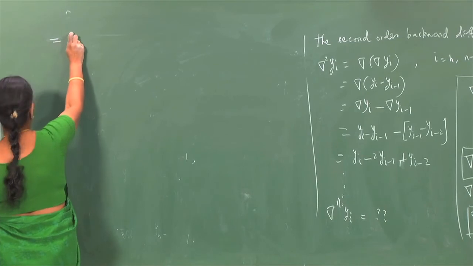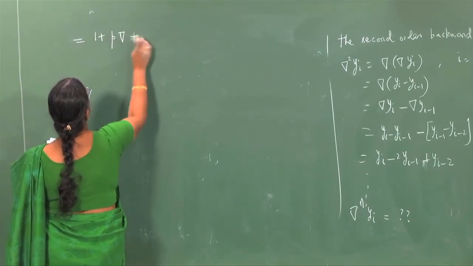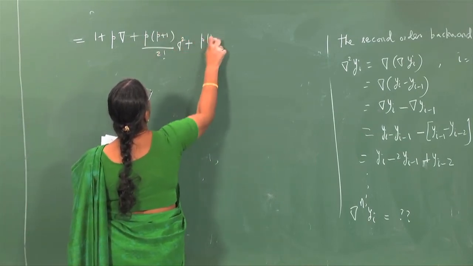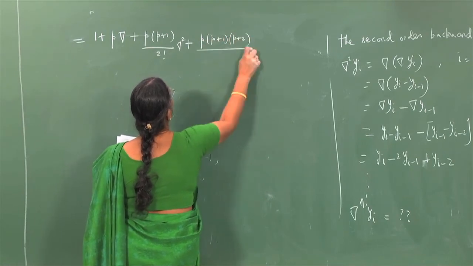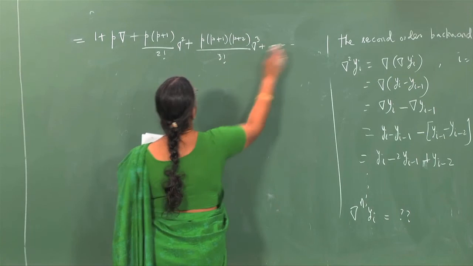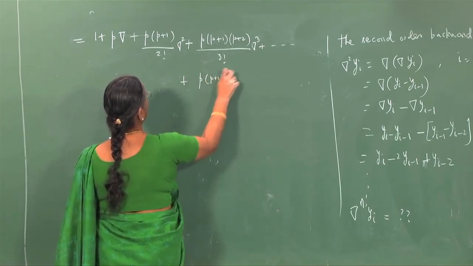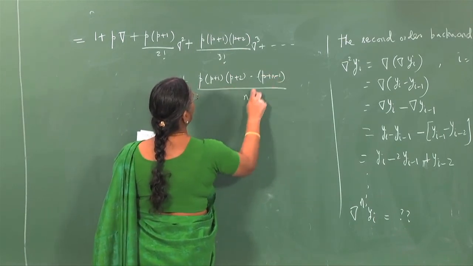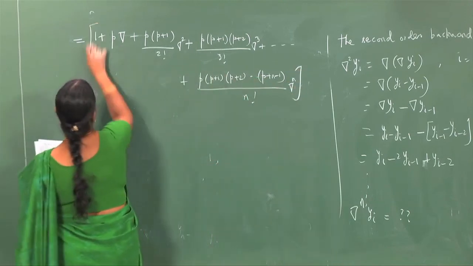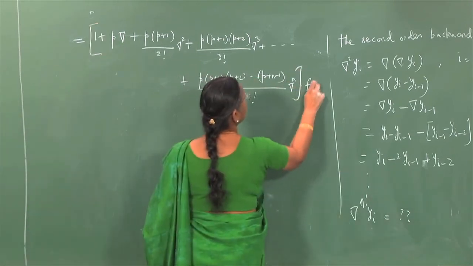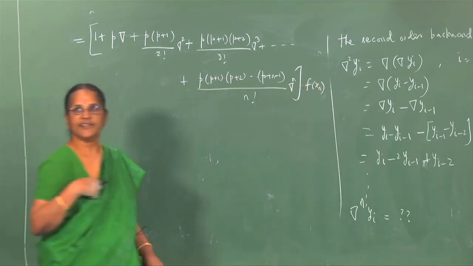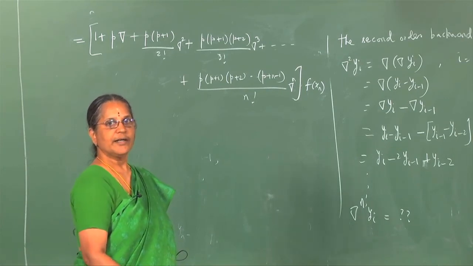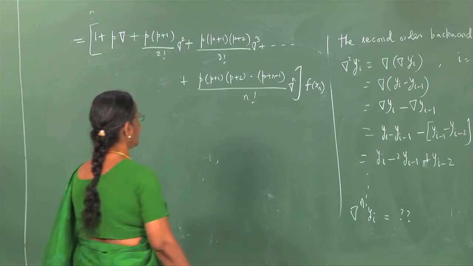So, that will be 1 plus p delta plus p into p plus 1 by factorial 2 into del square, p plus 1, p plus 2 by factorial 3 into del cubed plus etc. plus p plus 1, p plus 2 and so on, p plus n minus 1 by factorial n into del to the n on f of xn. I have stopped here because just now we said the n plus 1 and higher order backward differences on polynomial of degree n will be 0.